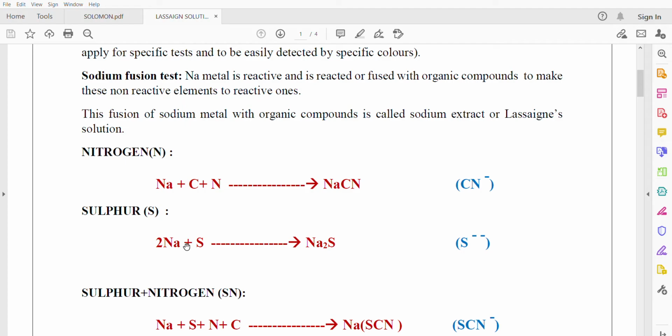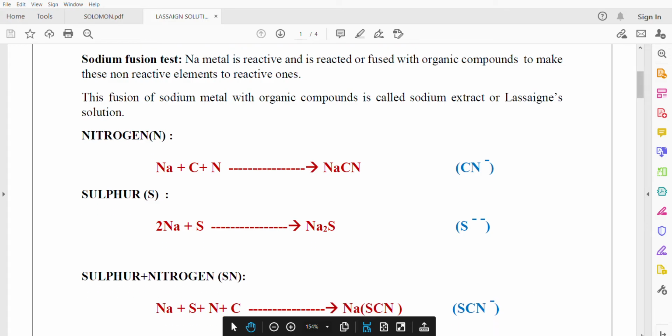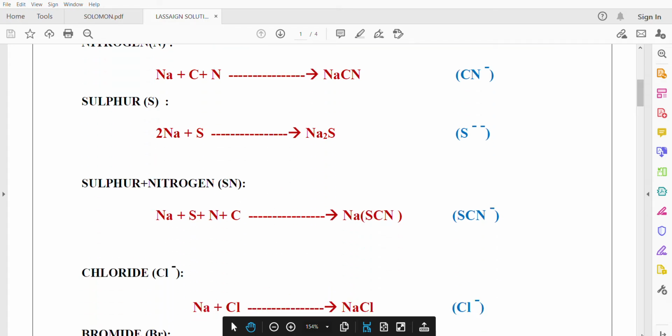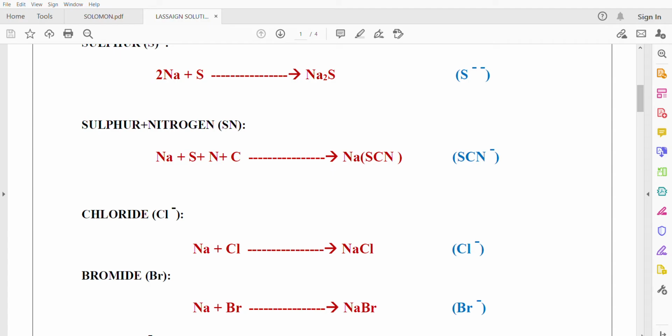Sodium metal reacts with sulfur to form sodium sulfide. And if both sulfur and nitrogen are present together in that organic compound, sodium thiocyanate is formed.